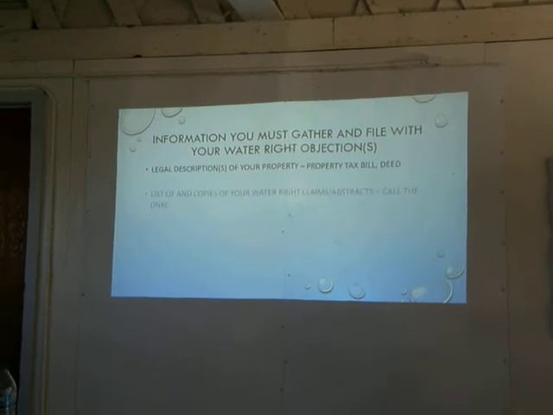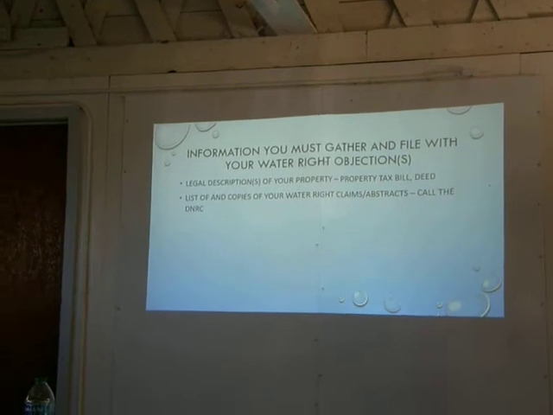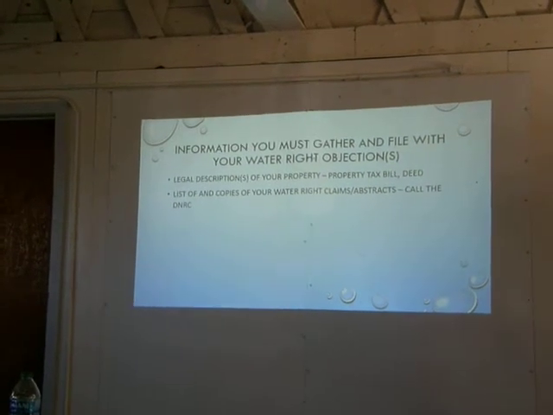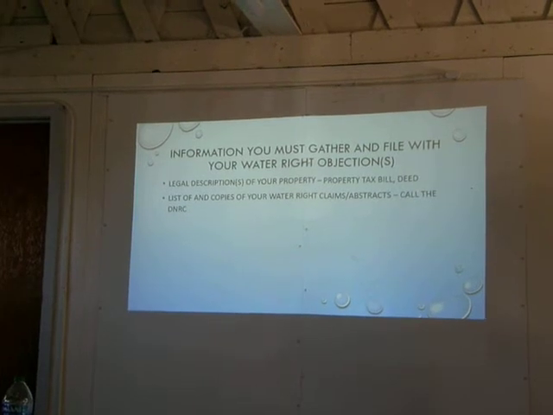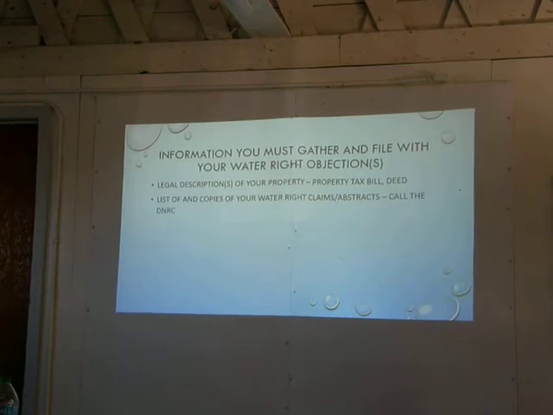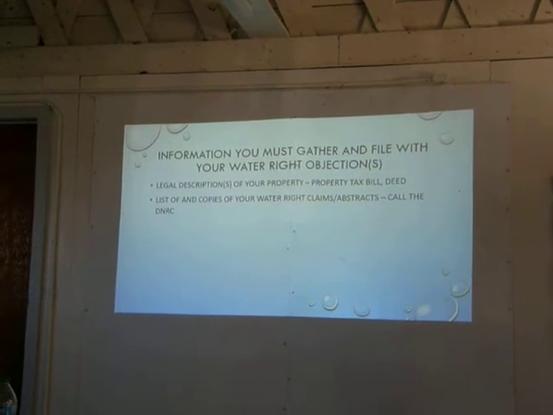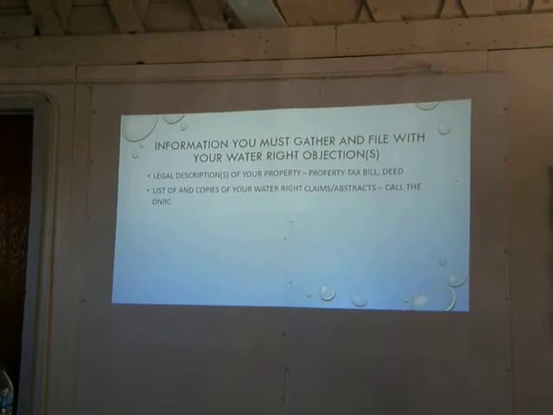The next one is a list and copies of your water rights claims/abstracts. You can get those, of course, from the DNRC. How many of you have those at hand? Okay, some of you are going to need to be calling the DNRC. They will email them to you, and you can print them out, and then you've got them.